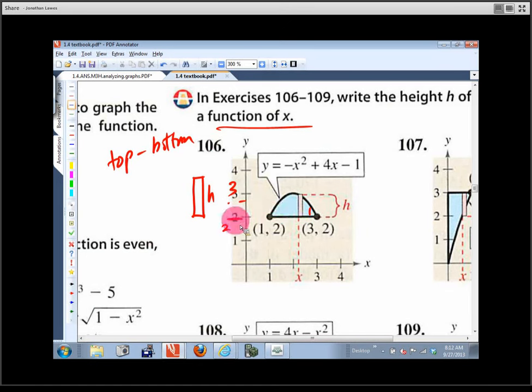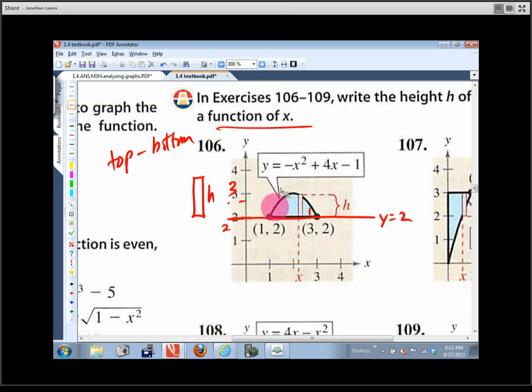Well, is the bottom always at 2? Yes, it is. The bottom of this rectangle, no matter where I drew it in this little shaded area, would always be at that horizontal line. How do I figure out where the top is?